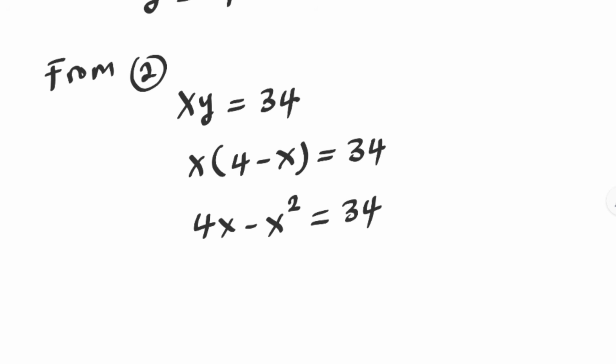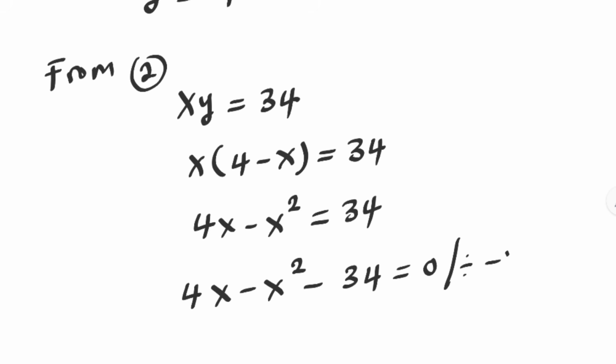Let us take this 34 to the left hand side and equate everything into 0. 4x minus x squared minus 34 is equal to 0. Let us divide the whole of this equation by minus 1.